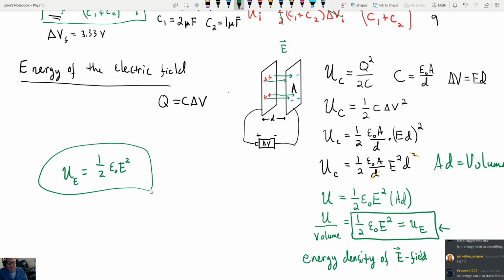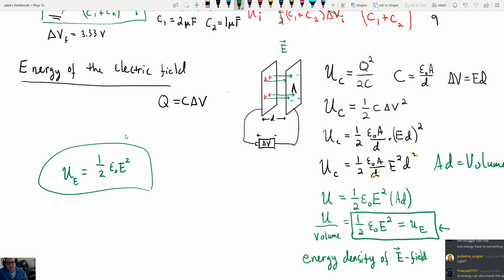Commonly in experiments, at least the experiments that I was doing when I was in grad school, we would often say that it's a lot easier to measure electric field squared than it is to measure electric field itself, if that makes any sense.